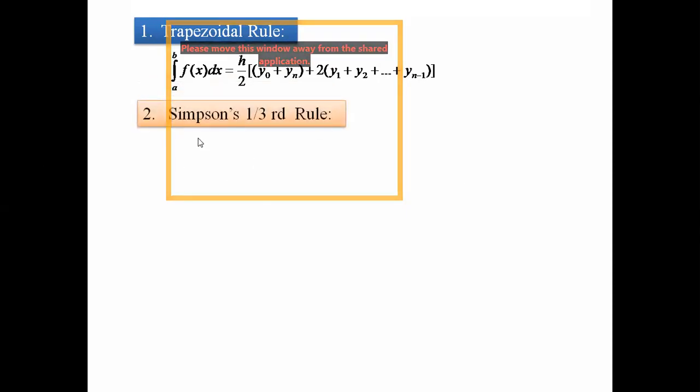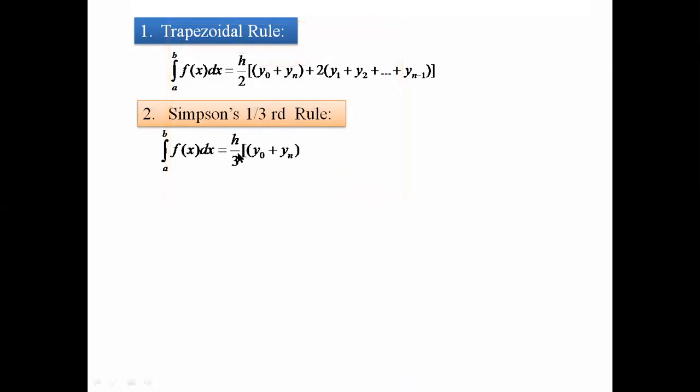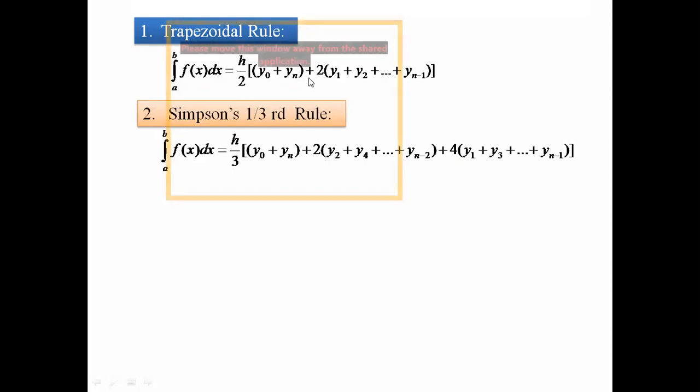Next, let us see Simpson's one-third rule. In Simpson's one-third rule, the value of that integral is given by this formula. In the trapezoidal rule it was h by 2 outside, but in Simpson's one-third rule, h by 3 is the constant outside, as its name tells, one-third. So it is h by 3.